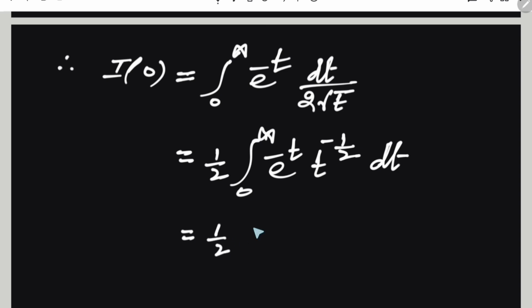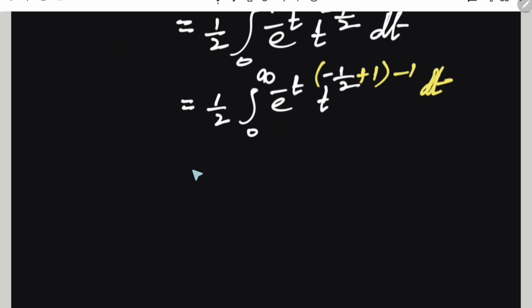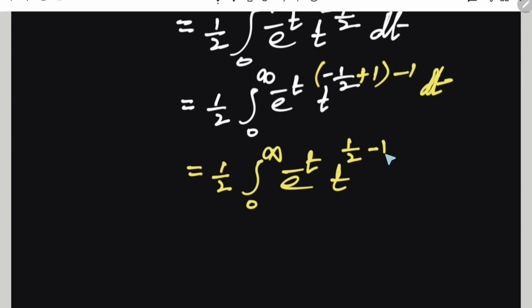Then rewriting that by adding 1 and subtracting 1, it becomes e raised to minus t, t raised to minus 1 by 2 plus 1 minus 1, dt, which is nothing but 1 by 2 integration from 0 to infinity e raised to minus t, t raised to 1 by 2 minus 1 dt. This term is similar to the definition of the gamma function.